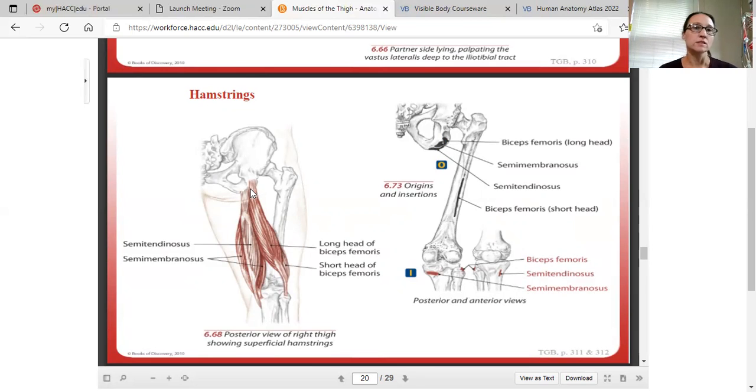By the way, does anybody know why our posterior leg muscles here are called hamstrings? If you read ahead in your book, you know. It's actually on page 311.